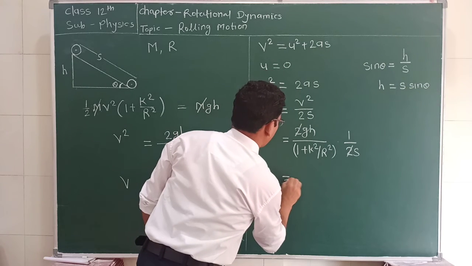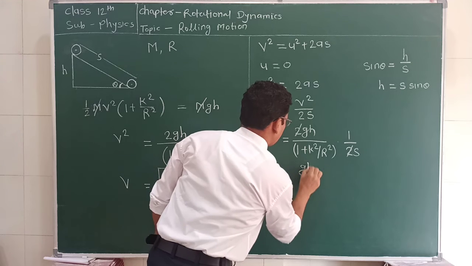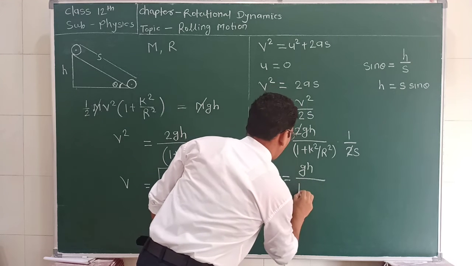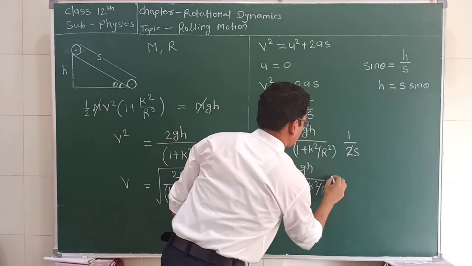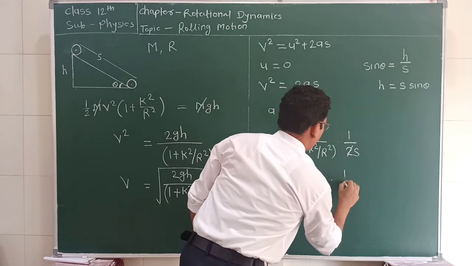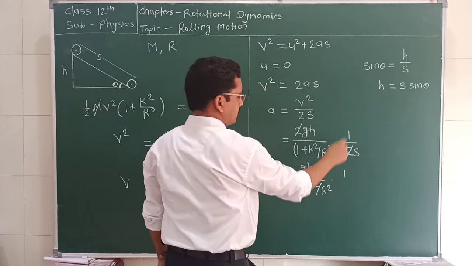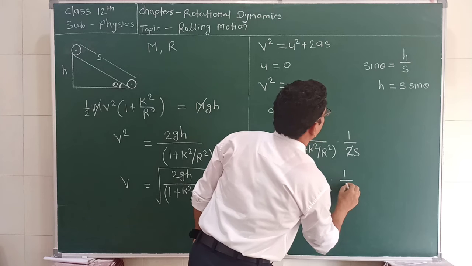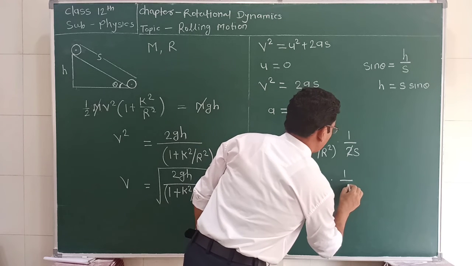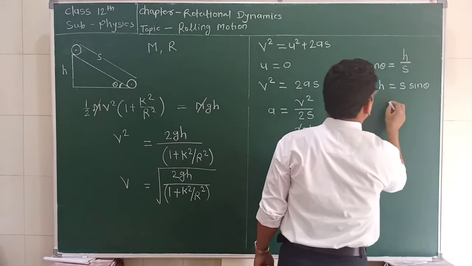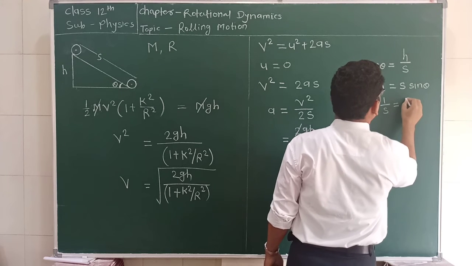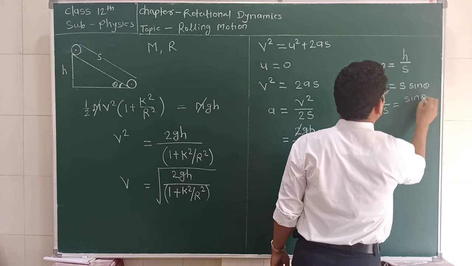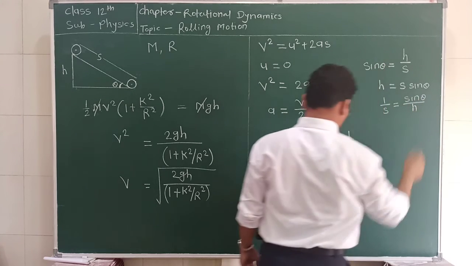Here we can write gh divided by (1 + k²/r²), into 1/s. What is 1/s equal to? From this relation we can derive 1/s = sin θ/h.